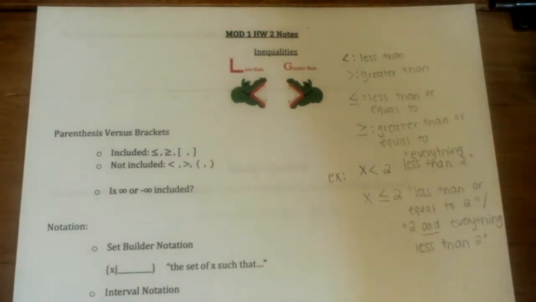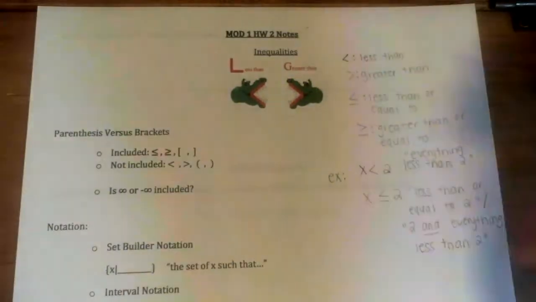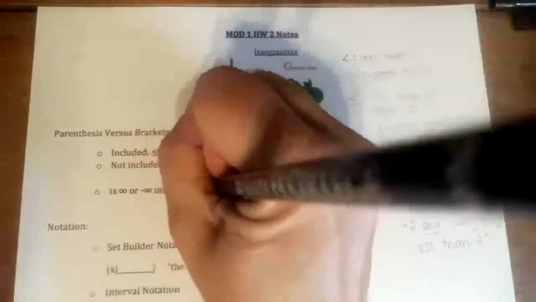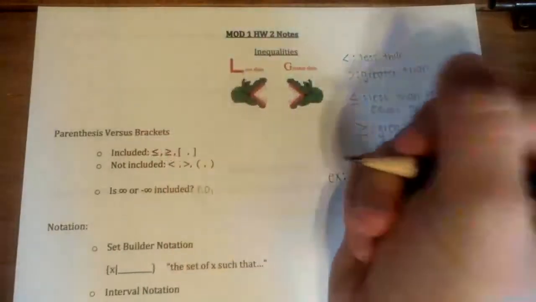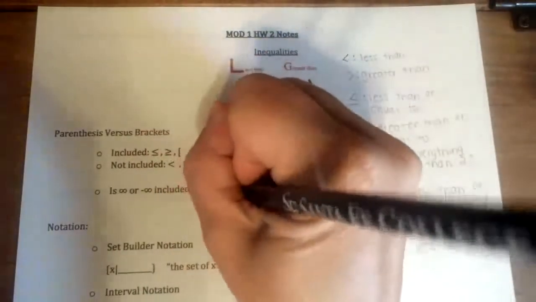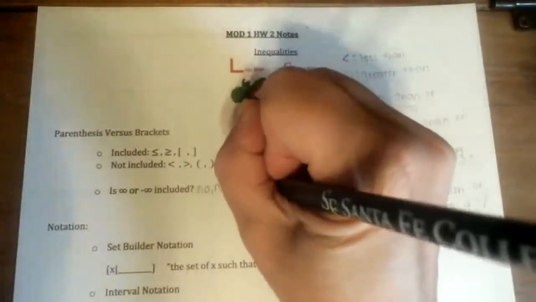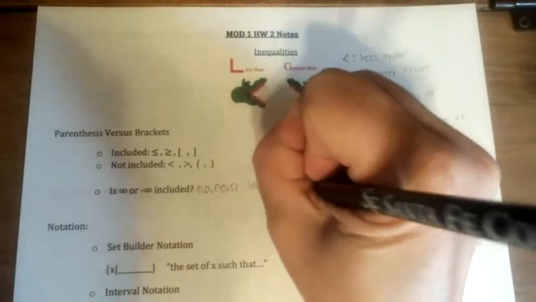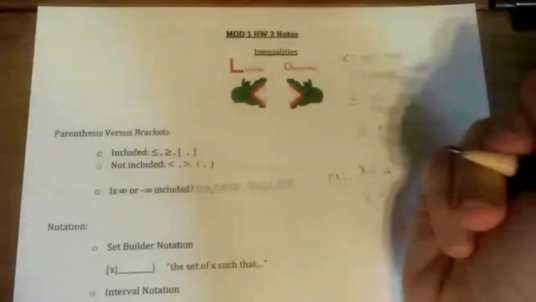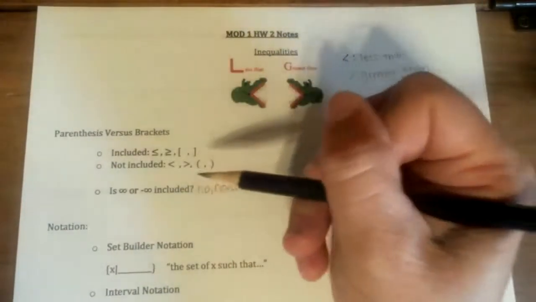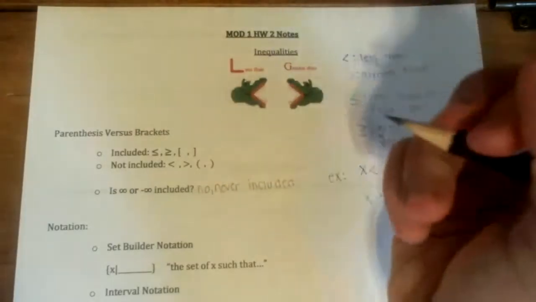All right, so is infinity or negative infinity included? Remember that this little symbol means infinity, means it goes on forever. So no, we're never going to include infinity or negative infinity, because we can never reach infinity or negative infinity. It goes on forever, we can never reach it. So whenever we're talking about is it included or not, infinity and negative infinity are never included. So because they're not included, we're going to use our less than, greater than, and our parentheses, not the equal than.